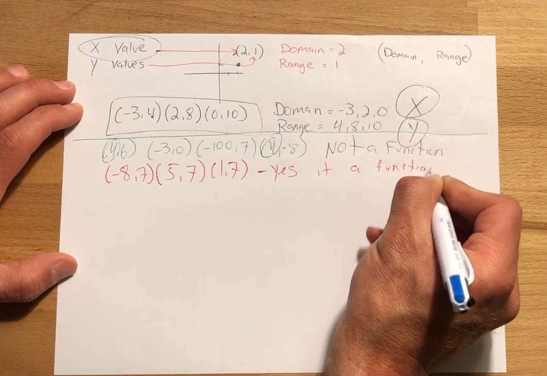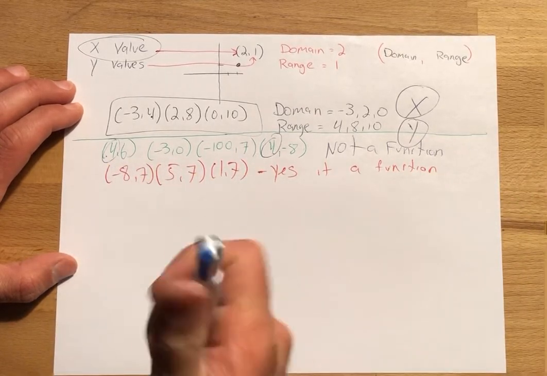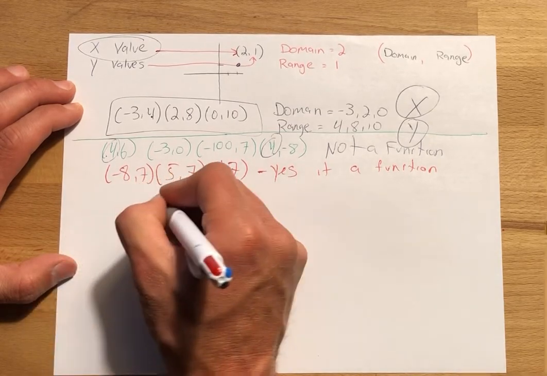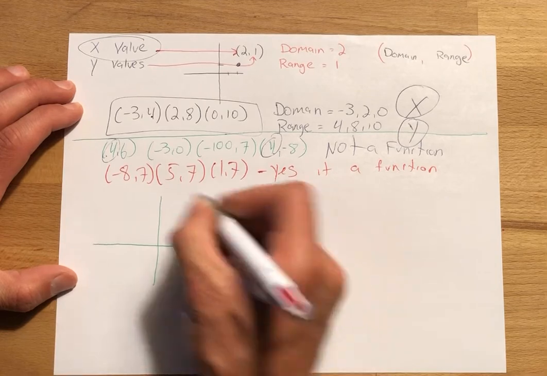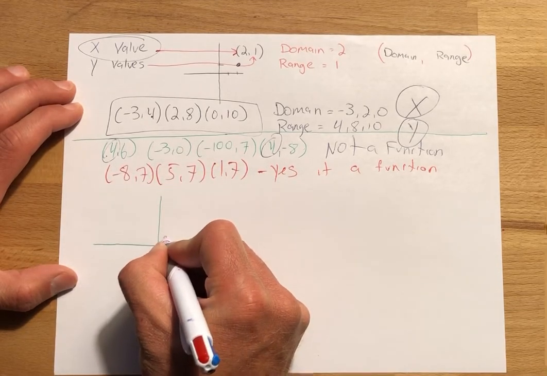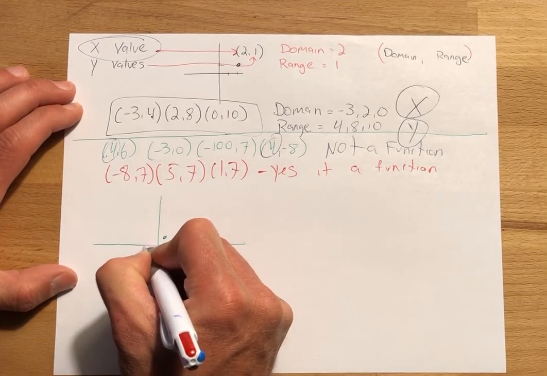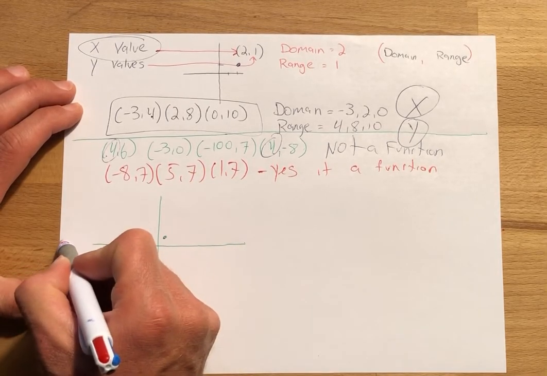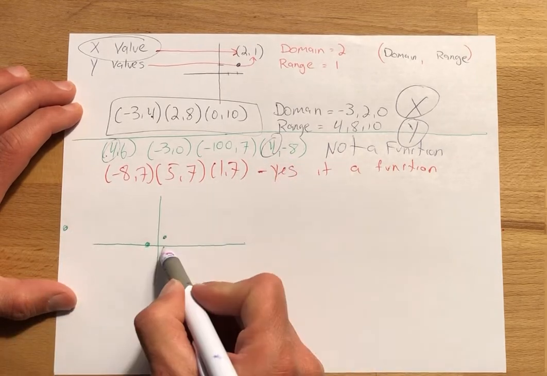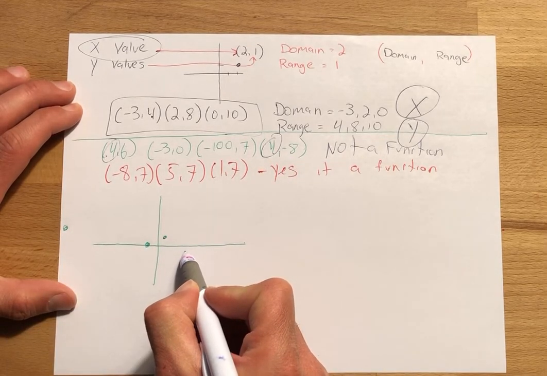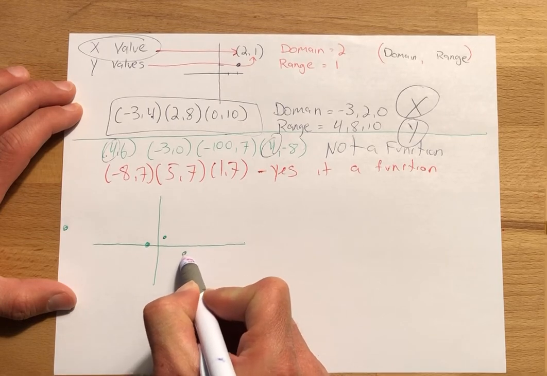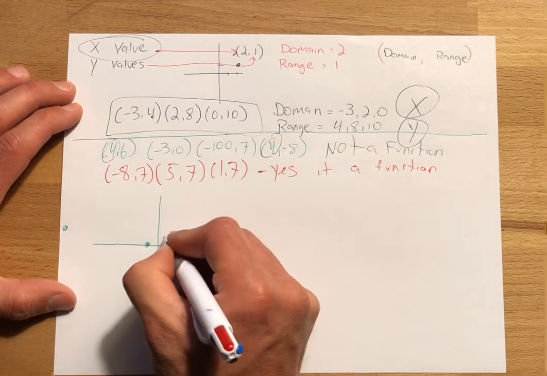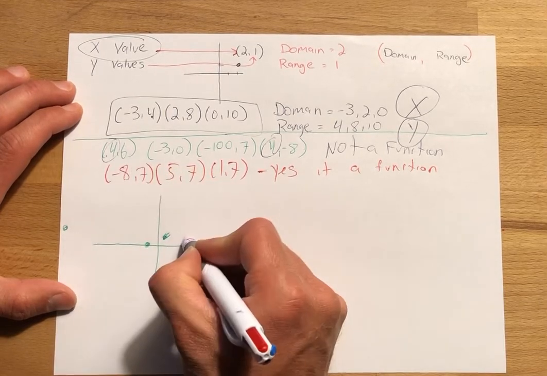Now, I'm going to go one step further. I'm going to graph these 4 coordinates, and I'm going to draw an x, kind of like a line. So let's say 4 and 6 is here. Let's say -3 and 0 is here. Let's say -100, 7 is, let's say, here. And let's say 4 and -8 is right here. Oh wait, I'm going to say 4 and 6 is right here.